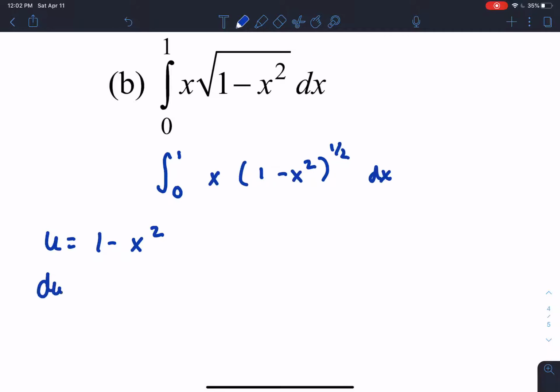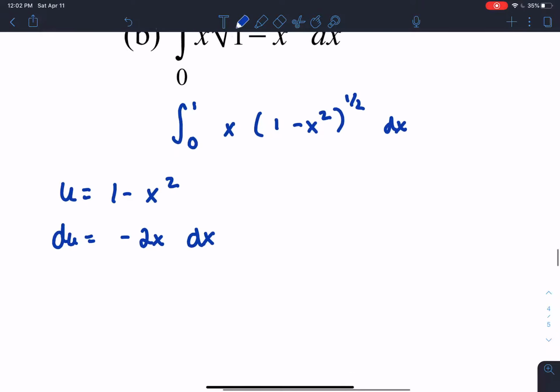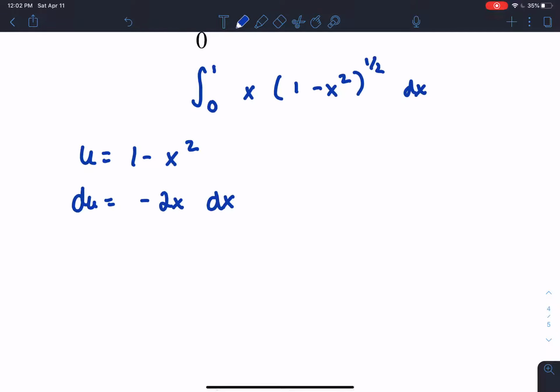All right, so then du is negative 2x dx. Okay, now I already have x dx in my original problem, so I need to multiply everything by negative 1/2. So you got negative 1/2 du equals x dx.